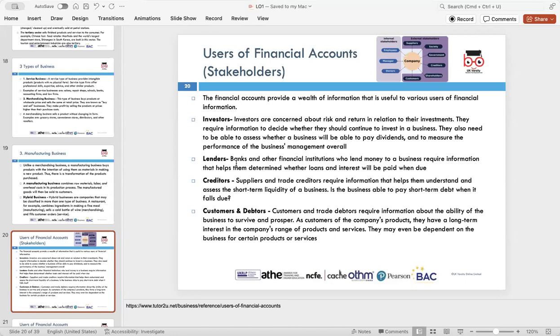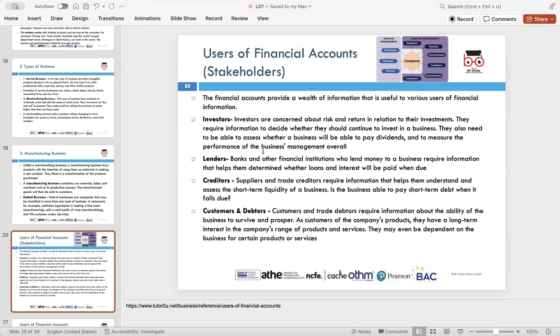Lenders, banks, and other financial organizations that provide loans to businesses need information that assists them in determining whether or not the loans and interest will be paid back when they are due.